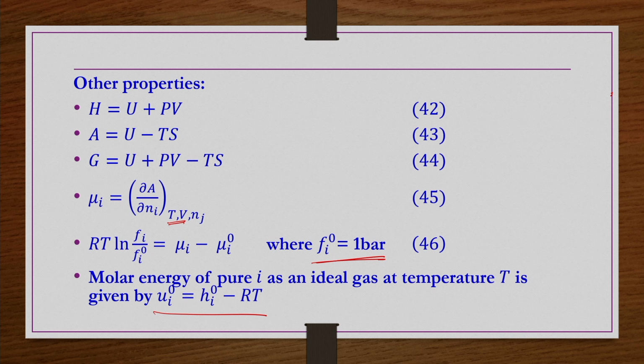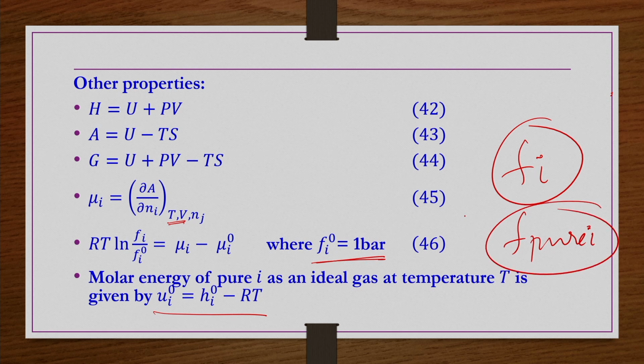But our aim is the fugacity of the ith component in the mixture, or the fugacity of pure component i. This is our interest. So, now we try to get this information keeping temperature and volume as independent variables.